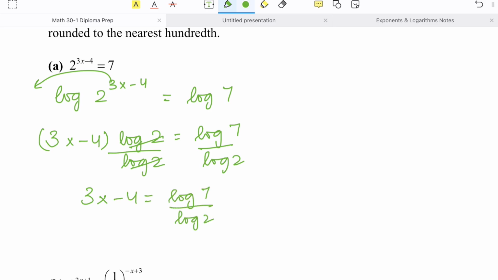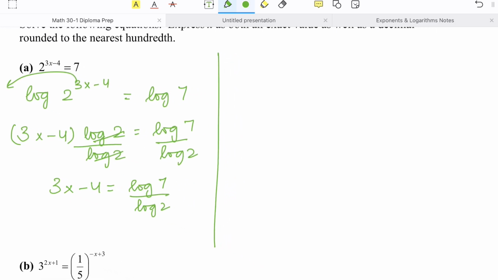Now if you remember, we can use a log law over here, or simply just figure out what the value of log 7 divided by log 2 is, which is approximately 2.807.